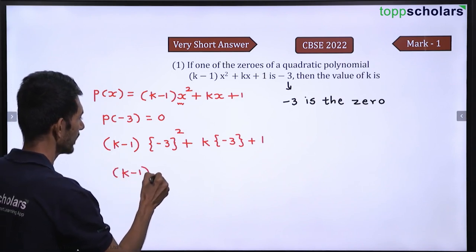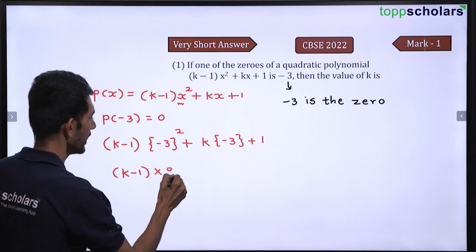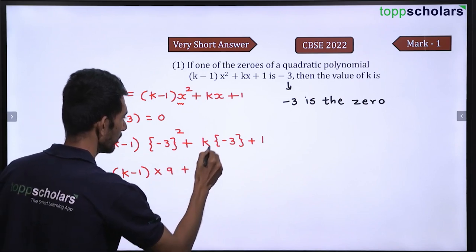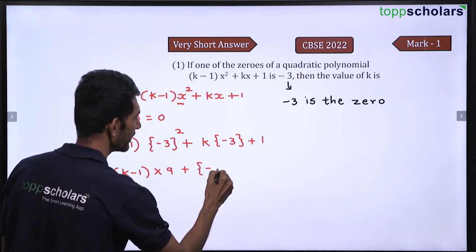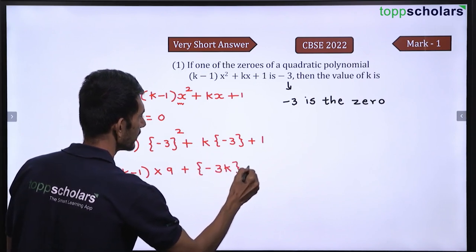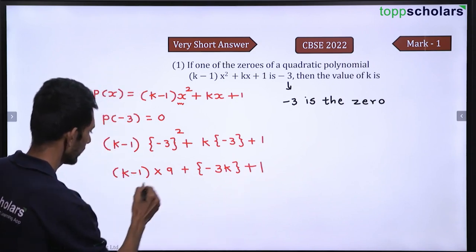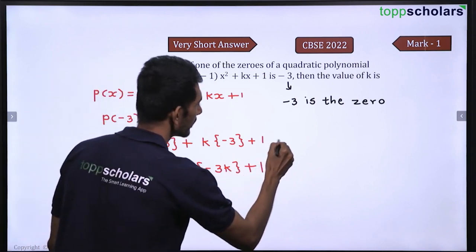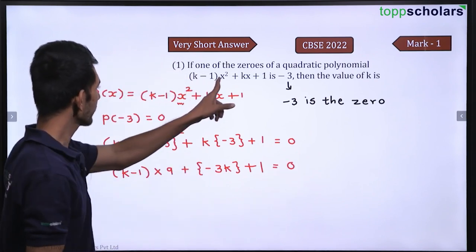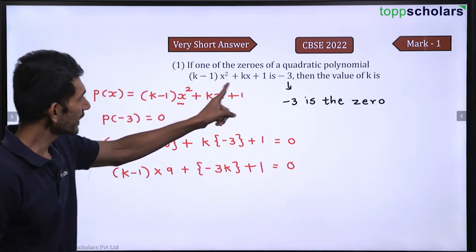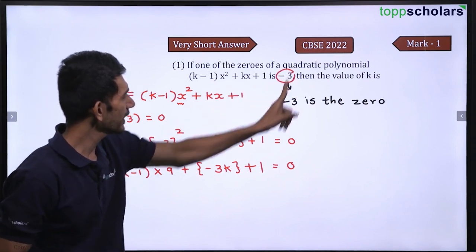So (k minus 1) into 9 plus k into minus 3 is minus 3k plus 1 is equal to 0, right? This is equal to 0. See, instead of x, we'll put minus 3, right?